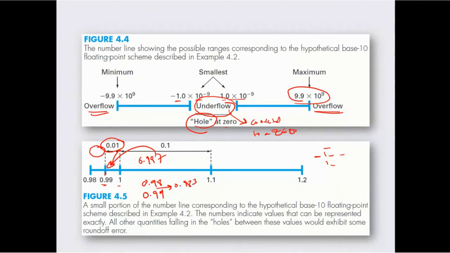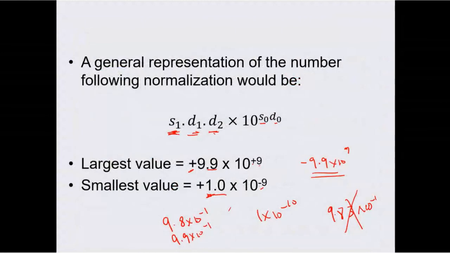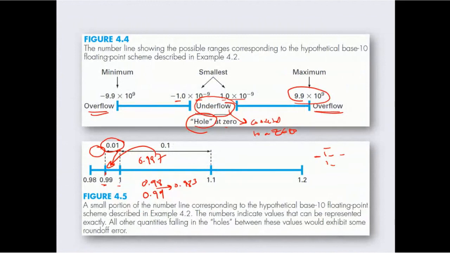Once you go to bigger numbers, then the hole size becomes even bigger. You can see between 1 and 1.1, you define 1.0 into 10 power 0 and 1.1 into 10 power 0. So you get 1 and 1.1. The hole size between them is 0.1. Here it was 0.01, here the hole size becomes 0.1.